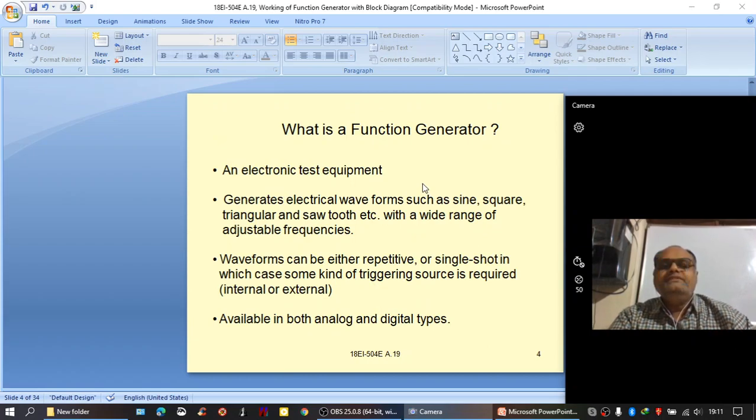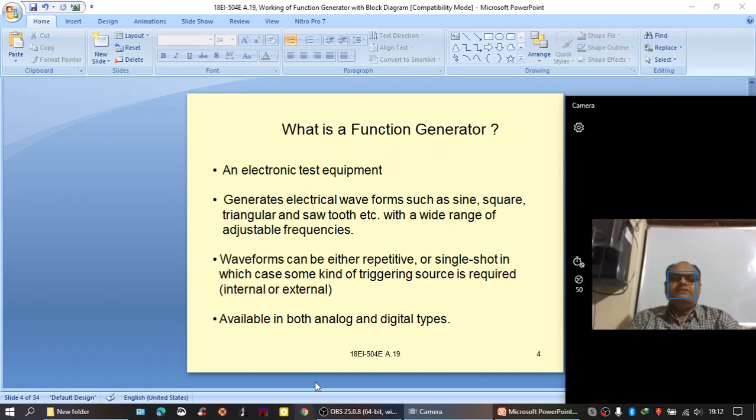Basically, what is a function generator? A function generator is an electronic test equipment which generates electrical waveforms such as sine wave, square wave, triangular wave, and sawtooth wave, etc., with a wide range of adjustable frequencies.